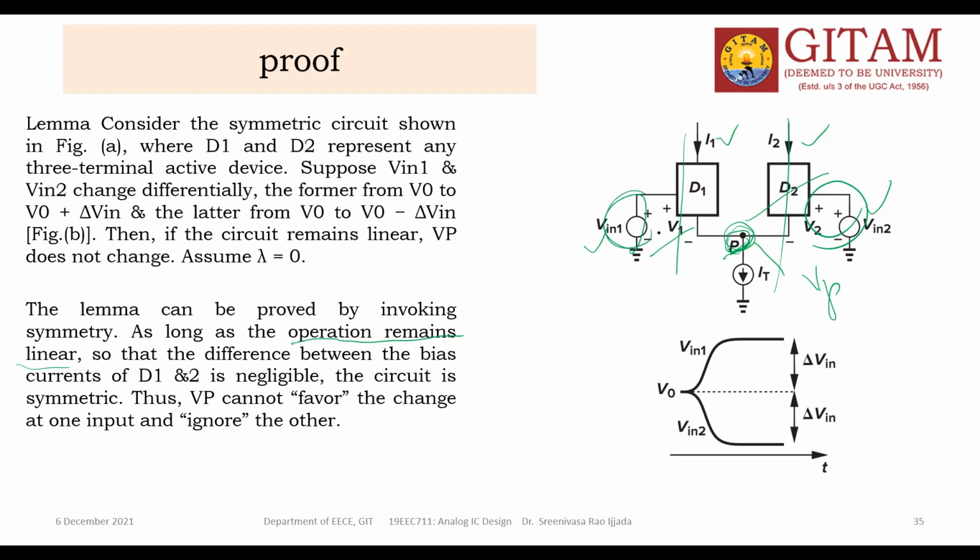Whatever the changes are, they change equally, so both are linear. So unless the input changes differ, whatever bias currents are flowing are negligible. Therefore, the voltage at VP does not change. These are the conditions.